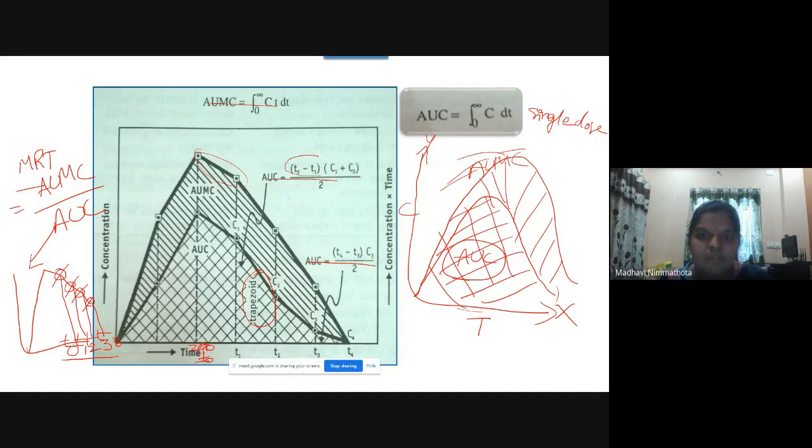See here, you are subtracting the times, T2 minus T1, and here you are adding the concentrations. So this much concentration moves over this much time.